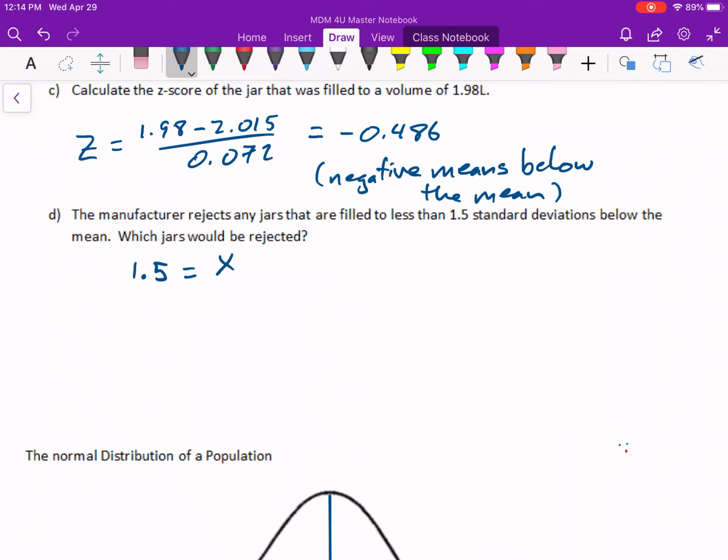So X is our variable that we're trying to calculate in this case, and it should be X minus 2.015 over 0.072, and now I'll rearrange to isolate X. So I can multiply both sides by 0.072. I can add 2.015 here.